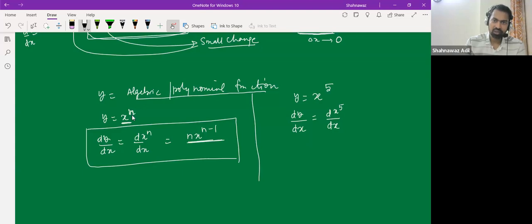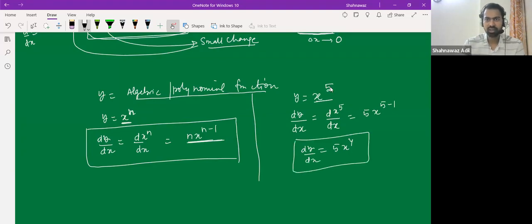In the case of x to the power 5, what is n? It is 5. So this would be 5 x^(5-1). So dy by dx is 5x^4. This is the differentiation of x to the power 5, right?